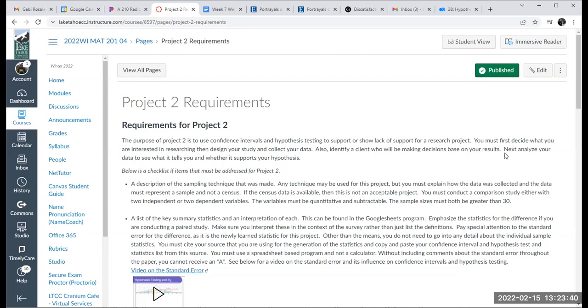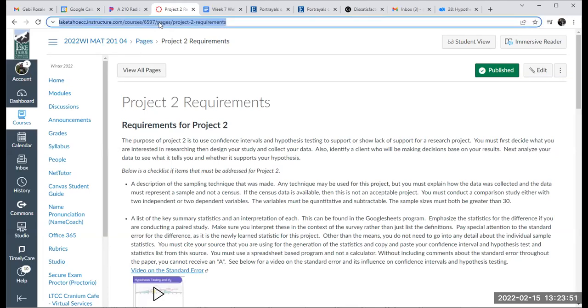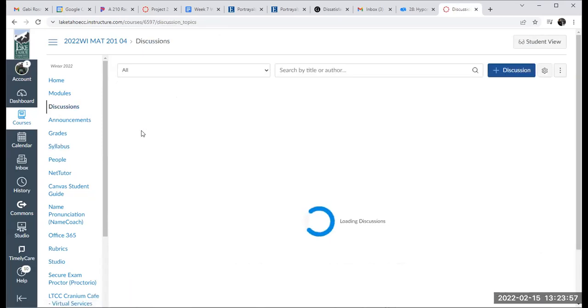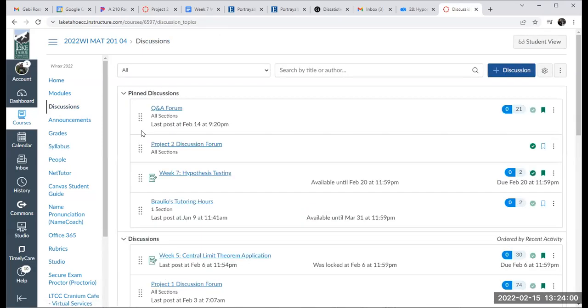So here's what you want to do. The first thing you're going to do is not state the hypotheses in your project paper. Where do you think you're going to state the hypotheses? Not Q&A, in the project 2 discussion forum. That's where you're going to put it. So post your hypotheses in the project 2 discussion board.